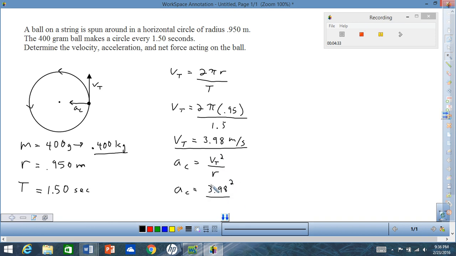Don't forget to square it and divide by the radius, 1.5. When you do, you'll find that the answer is 10.56, again a rounded value. And the units for all of our accelerations are meters per second squared.